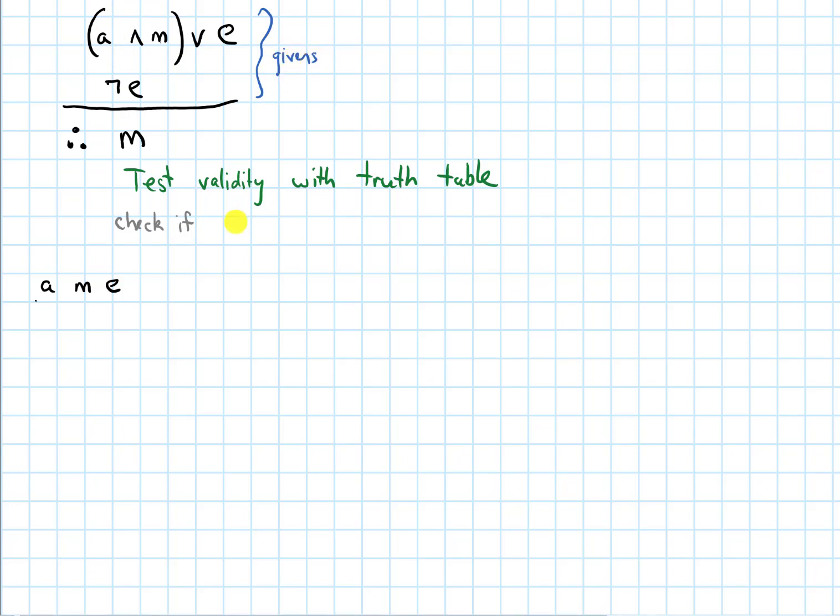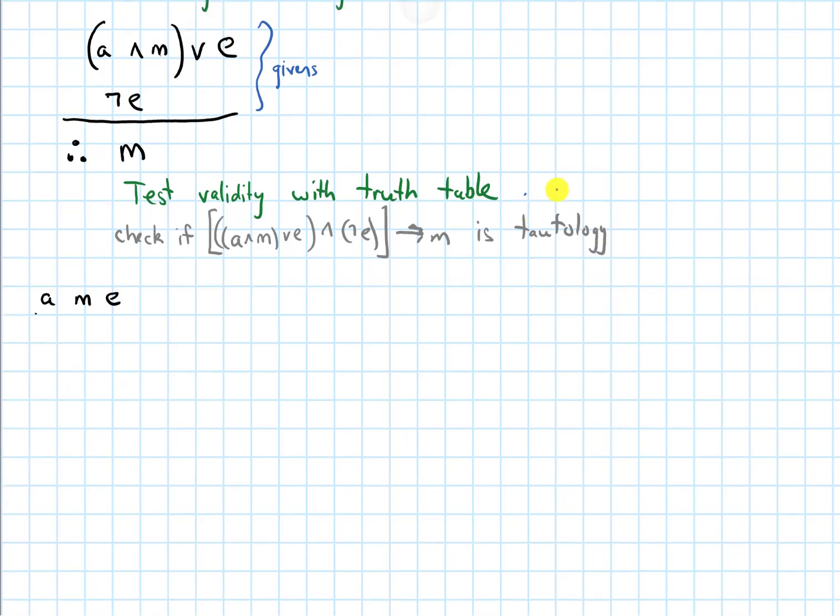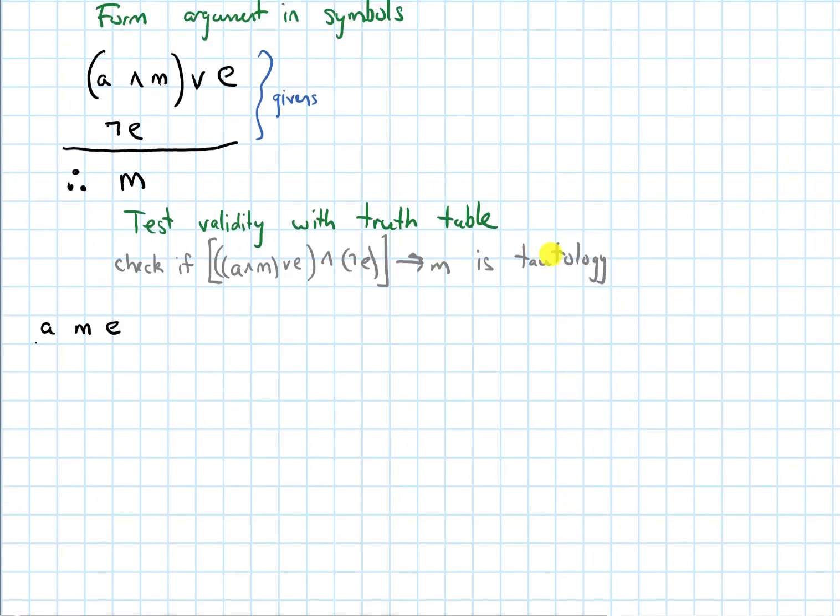So I have to check if A and M or E, and that with not E. I got to make a big old and statement with all of them, and then make that whole thing imply M. I need this to be a tautology. And a tautology just means it's always true in the truth table. I need this to always be true.